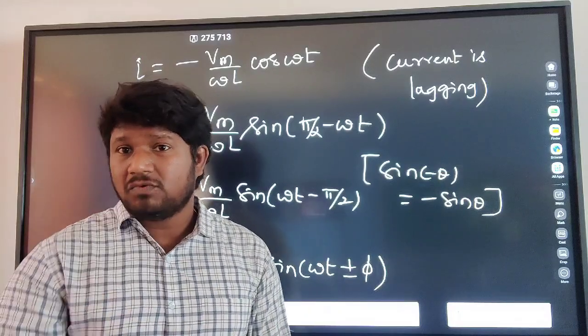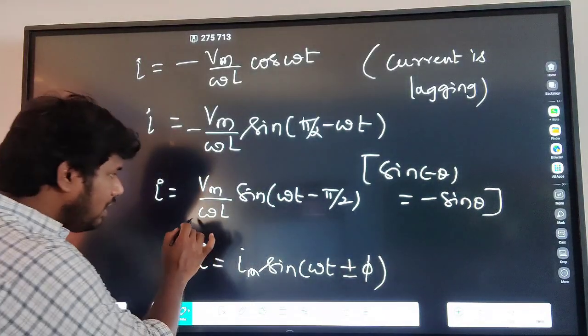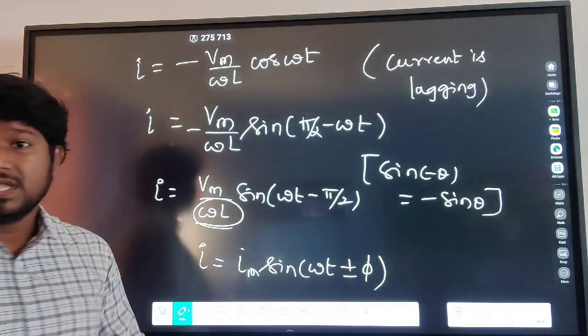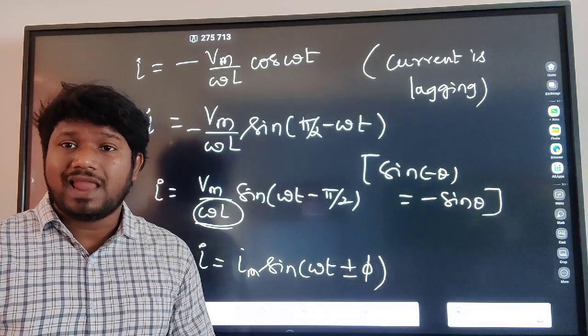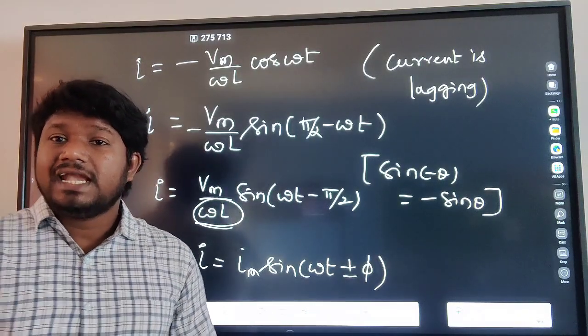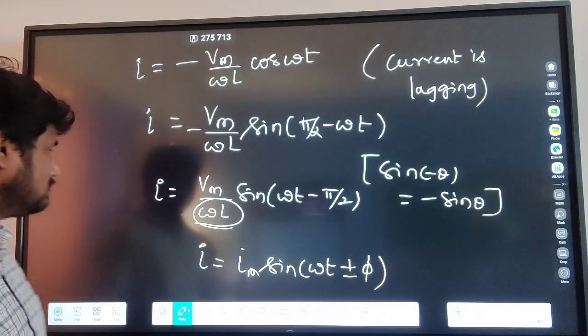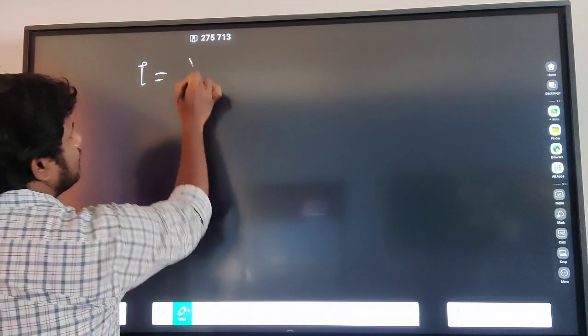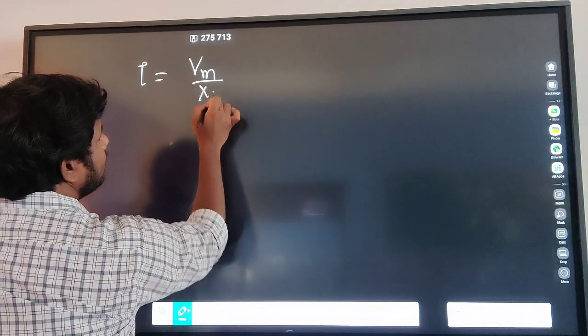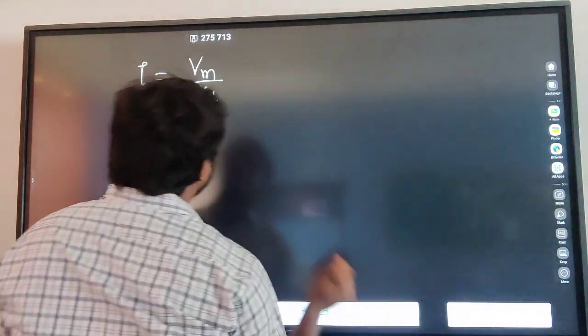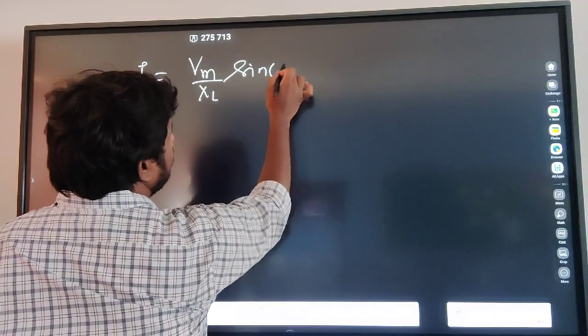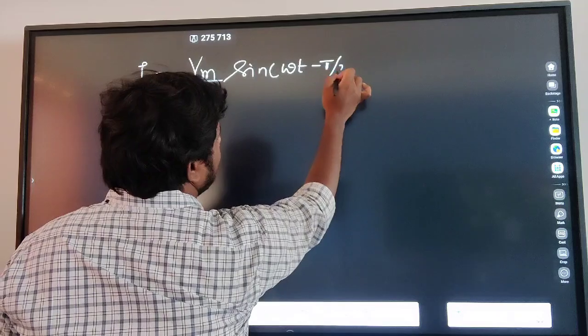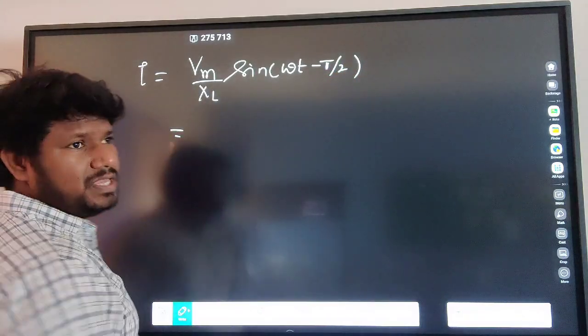Here, one more thing I want to talk about. What is this omega L? That only we are going to call XL, the inductive reactance. So i equals Vm by XL sine of omega t minus pi by 2. What is this Vm by XL?